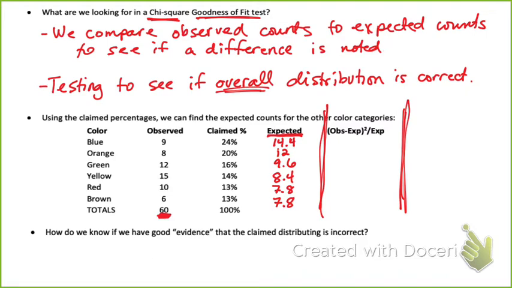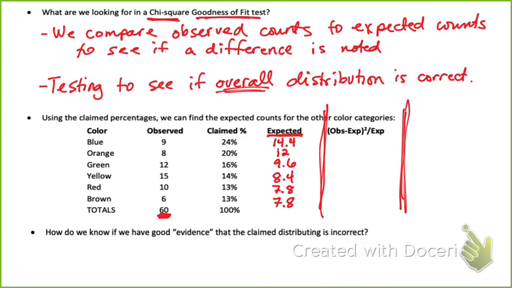If I get exactly what I'm supposed to get, then I would get a chi-squared contribution of 0, meaning I'm exactly where I'm supposed to be. As the chi-squared contribution gets bigger, I'm getting further away from what I'm supposed to have. All right? So these numbers, I want them to be small. These are my standardized values that tell me how far away I am from what I'm supposed to have. All right? So we're going to calculate these real quick.